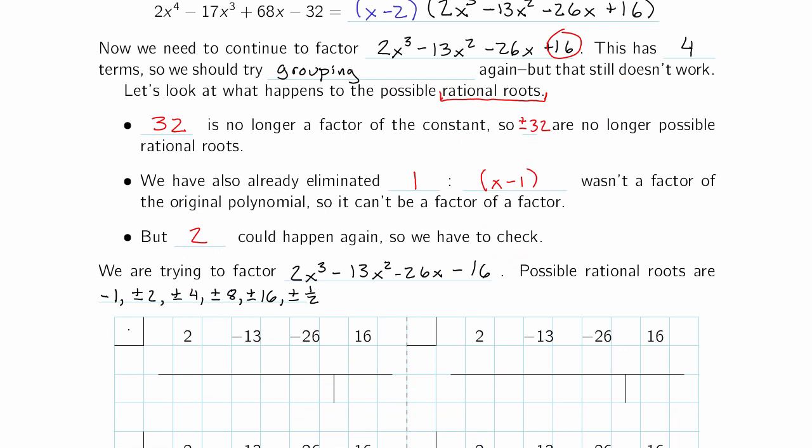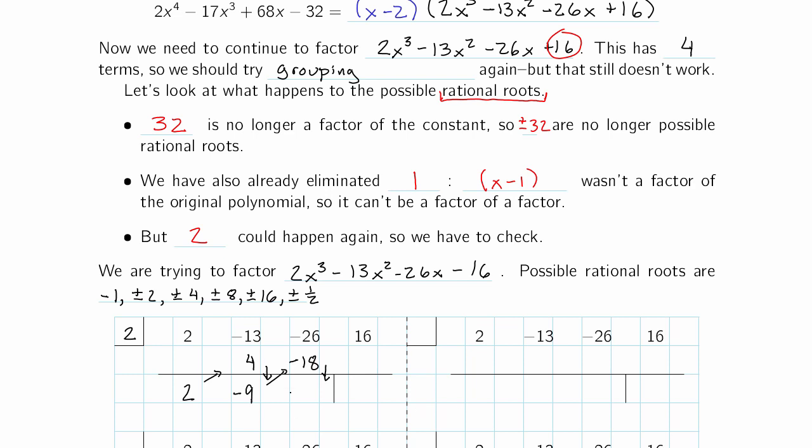Well, let's try 2 again. Drop down the 2. Times 2 is 4, plus negative 13 is negative 9. Times 2 is negative 18. Oh, this isn't looking good. Add those together.